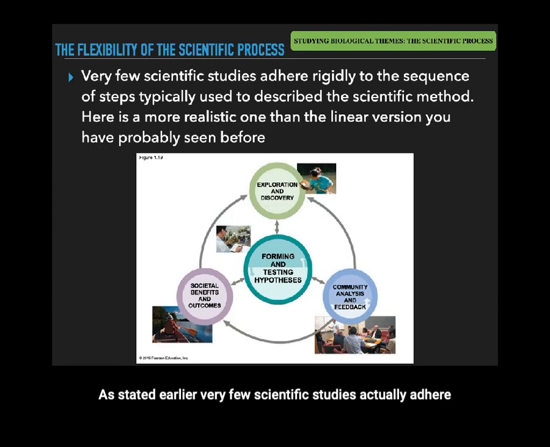As stated earlier, very few scientific studies actually adhere to the rigid sequence or steps that are typically used to describe the scientific method, which is often depicted by a linear set of steps. Here's a more realistic diagram of the scientific process, and we'll examine each component in a little more detail. In brief, you start with some exploration and discovery, some of that inductive reasoning that we were talking about.